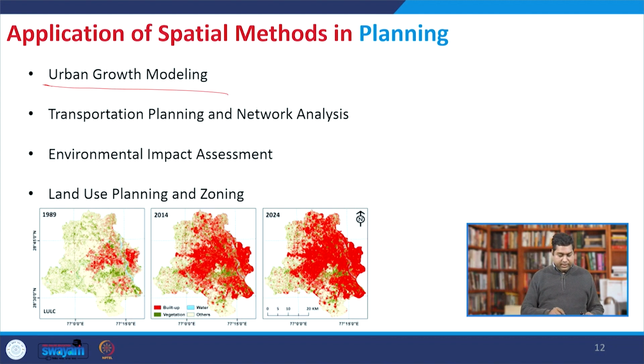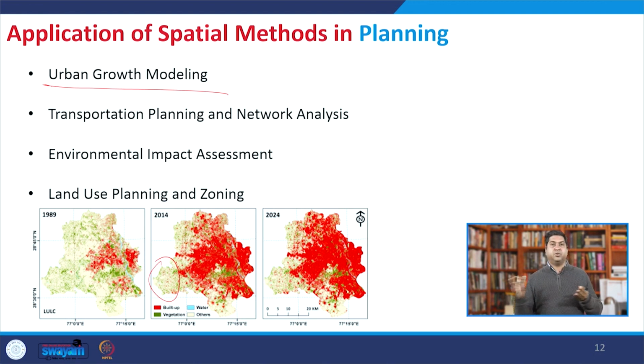Here you can see this represents a city where in 1989 these red patches are nothing but the built up area. In 2014 you can see that it has expanded almost in this particular part. Apart from something at the southwest, things are getting highly built up, and there are certain drops.